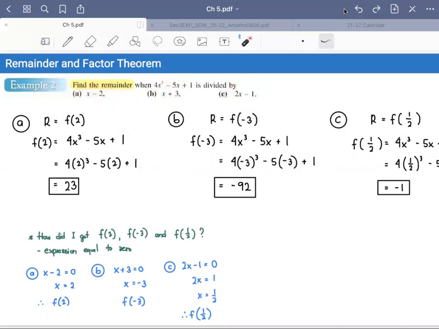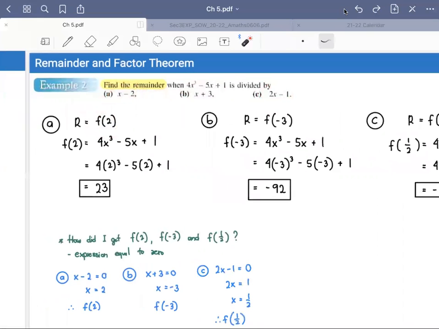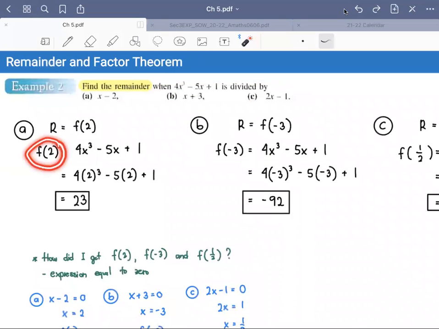Again, your function here is f of 2, just like this one. Therefore, for us to find the remainder, we just use the function f of 2 is equal to the expression 4x cubed minus 5x plus 1. Is that clear?